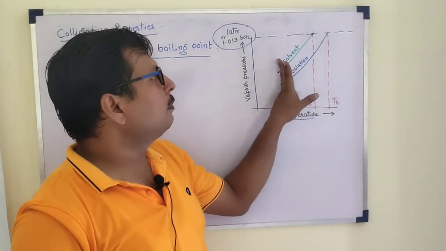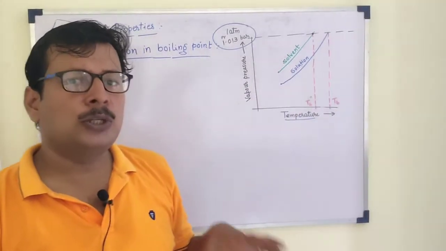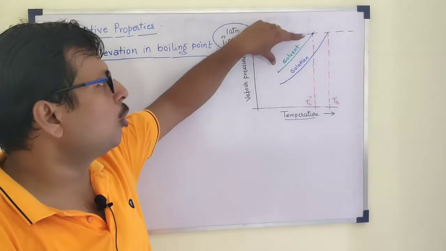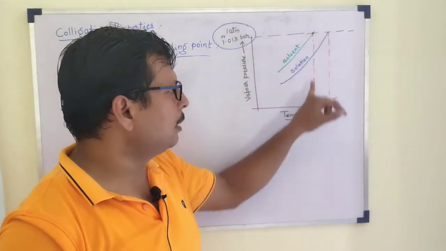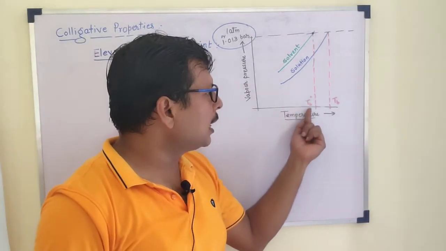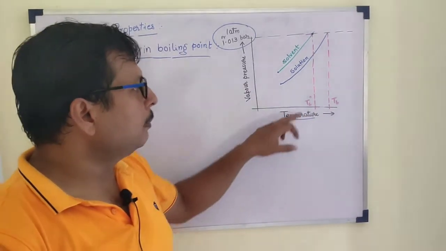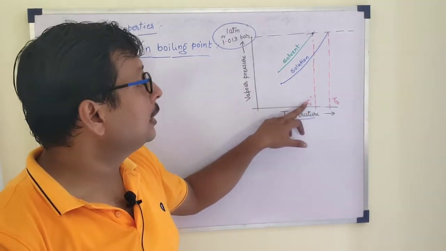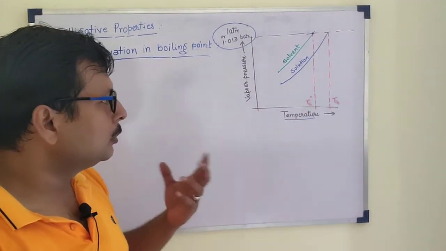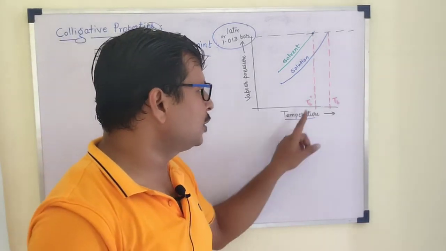If the vapor pressure of the solvent becomes equal to the atmospheric pressure, then the solvent starts boiling, and this temperature is the boiling point, which I represent by TB. T is for temperature, B is for boiling.